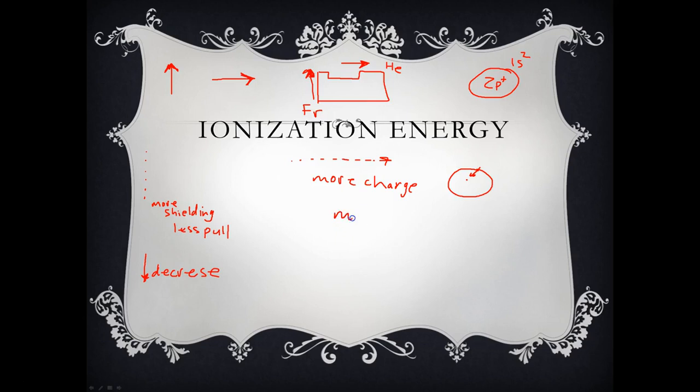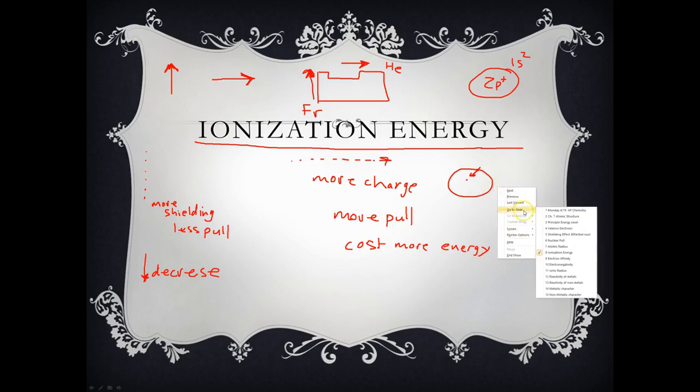So that means more pull. That means it's going to cost more energy to remove an electron. And so the ionization energy, the energy required to remove an electron, will cost more as you go from left to right. Okay? All right. That's a tough one.